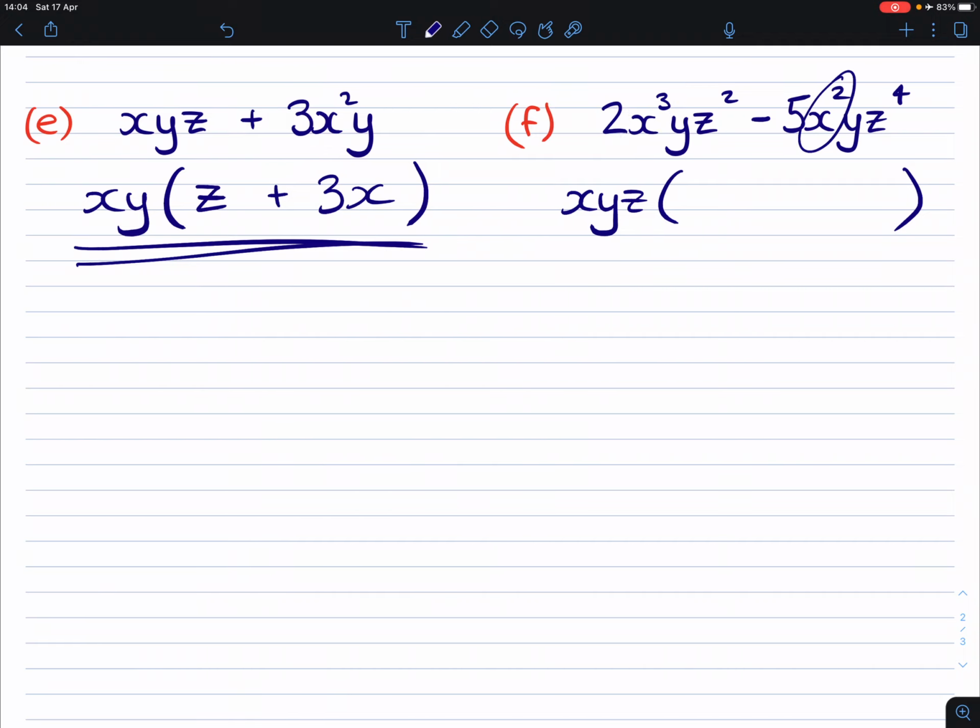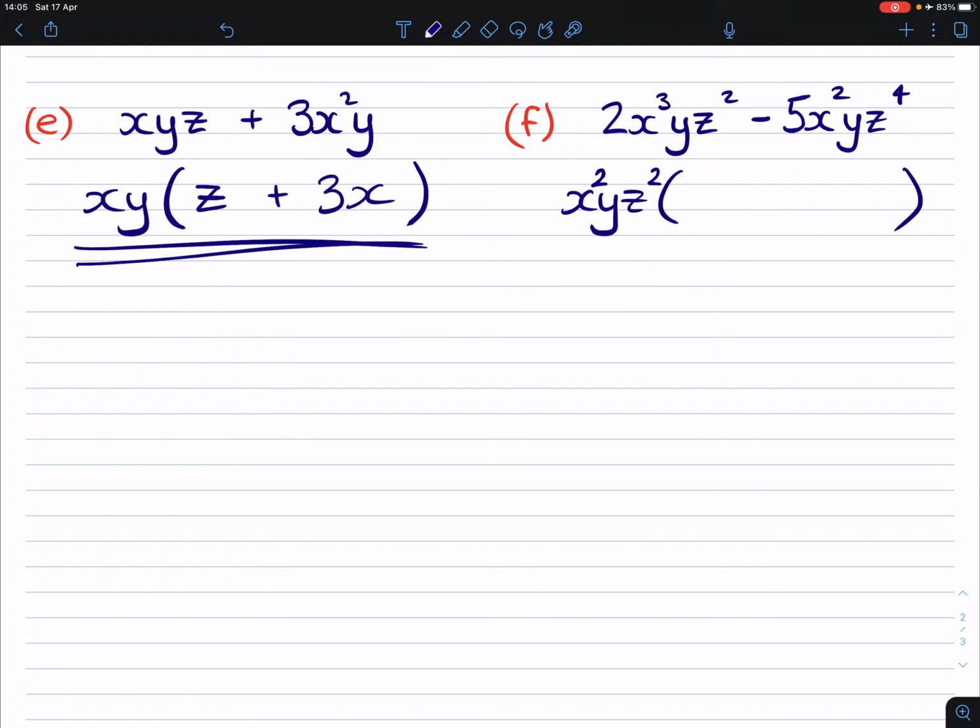X squared means there are 2 x's being timesed together in that term, meaning that they both have 2 x's timesed together in their term, which means it can both be divided by an x squared. There are no powers with the y's, meaning that we can only divide each one by y. And then with the z's, we have z squared here, a z to the power 4 here, which means z squared can come out. So the highest common factor is x squared, y, z squared.